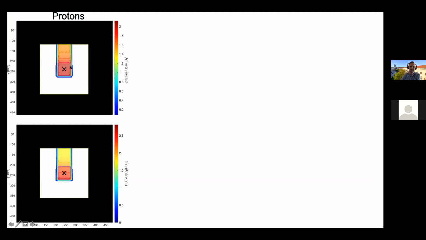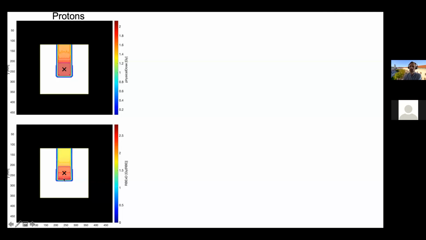And now I recalculated the biological effective dose using an RBE model for protons. So here we have a variable RBE, and what you can see is that the resulting dose is inhomogeneous and increasing towards the distal end of the SOBP. So we have a higher dose here before the protons stop.